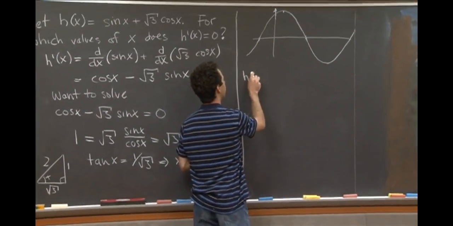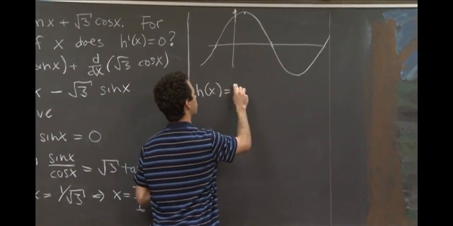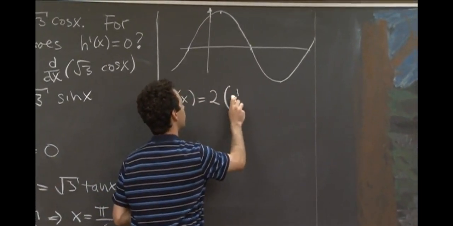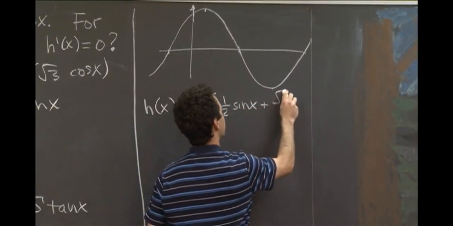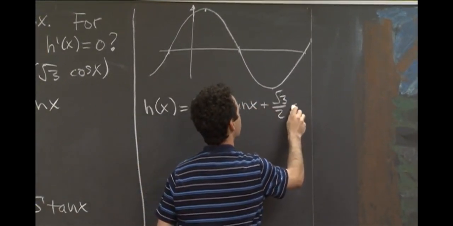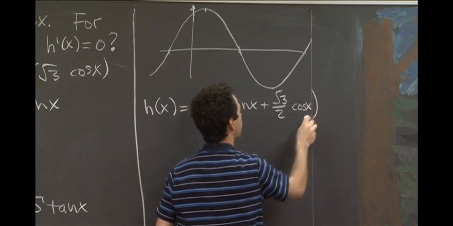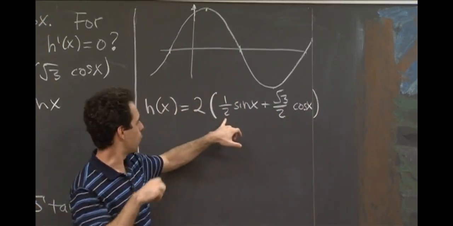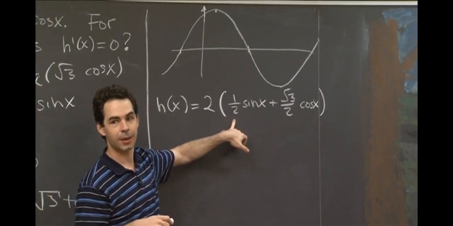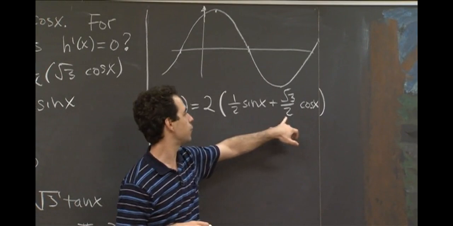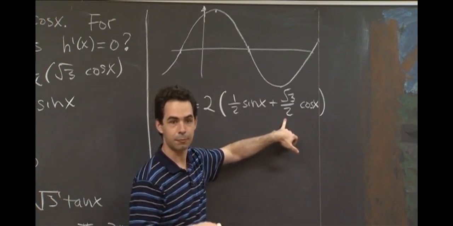So I can rewrite h of x equals 2 times 1/2 sine x plus square root of 3 over 2 times cosine x. And now 1/2 is equal to cosine of pi over 3, and square root of 3 over 2 is equal to sine of pi over 3.